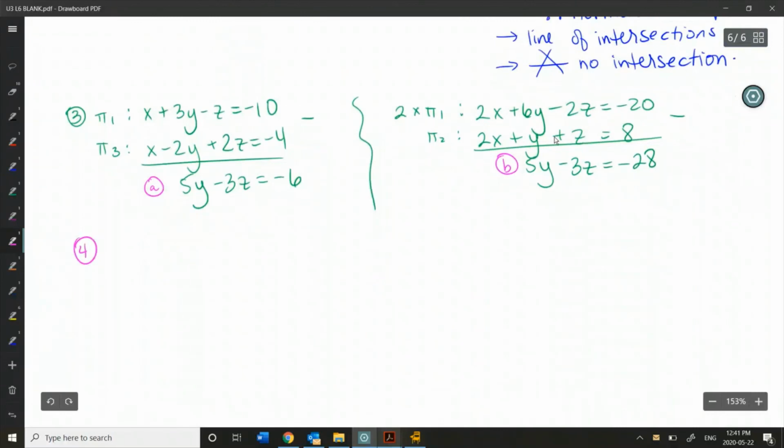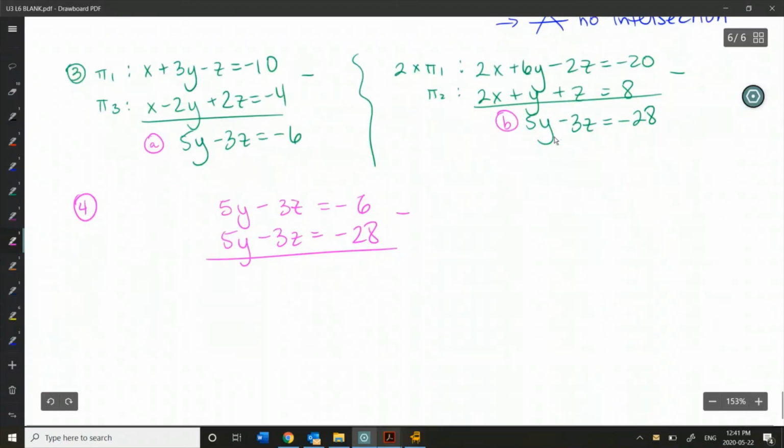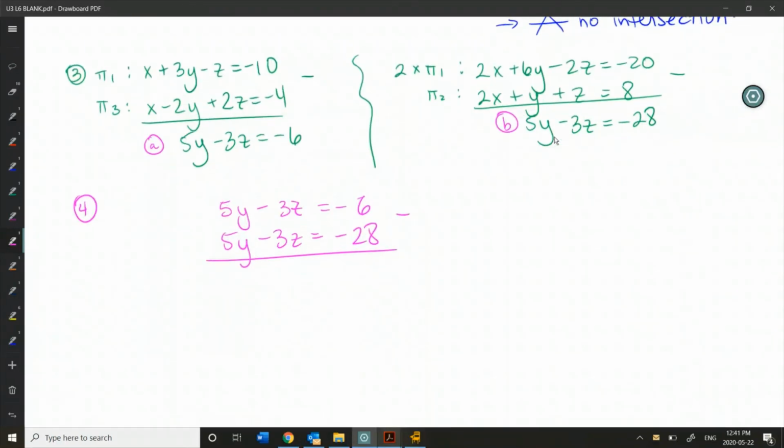And for our next step, we're going to try to eliminate a final common variable. So let's say we go for the y's here. We'll eliminate the y's because they're both 5. And that means we're going to subtract these two equations. So what actually ends up happening here is I get 0 on this side.